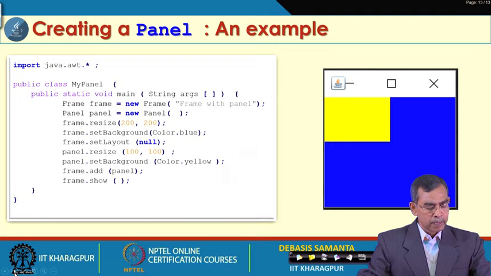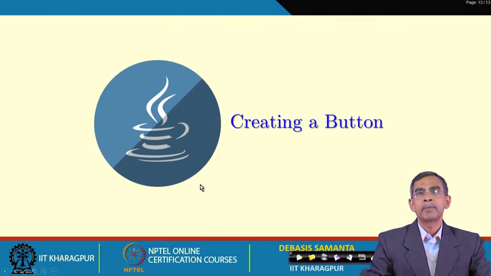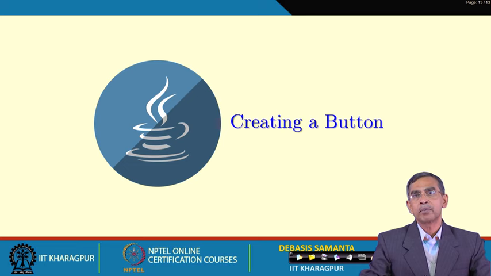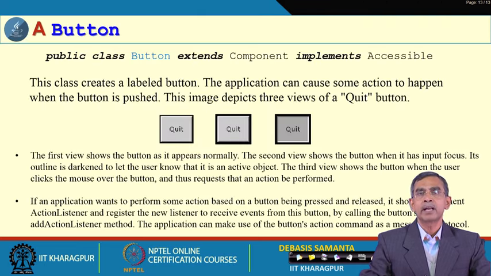Okay, so we have learned about how the frame and the panel work, and all these containers, maybe an applet or a frame or a panel, can include some other components, for example, a button. Now, we will discuss how a button can be created and how this button can be added into a frame or container or an applet.